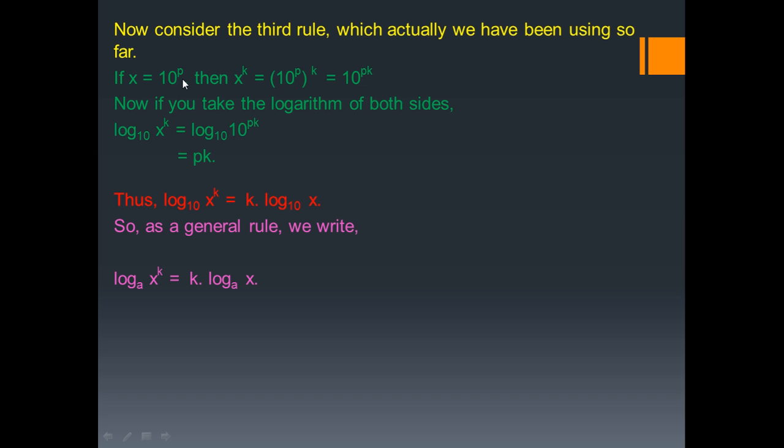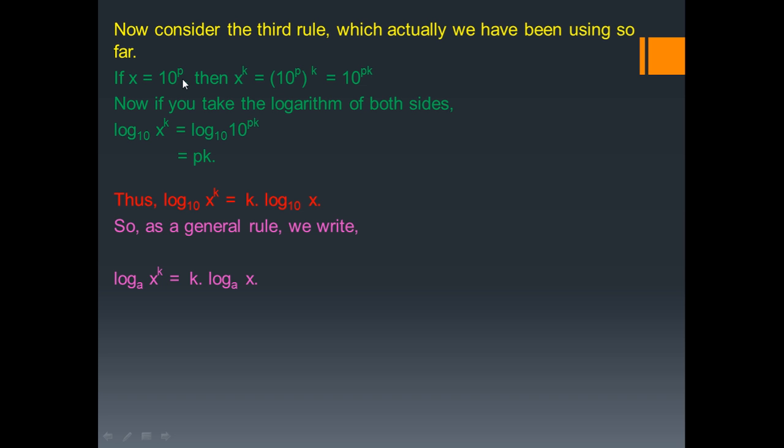So you know from the theories that you understood on the rules of powers and indices, 10 to the power p to the power k is equal to 10 to the power pk, because you know that if you raise a power to a power, you have to multiply the powers.